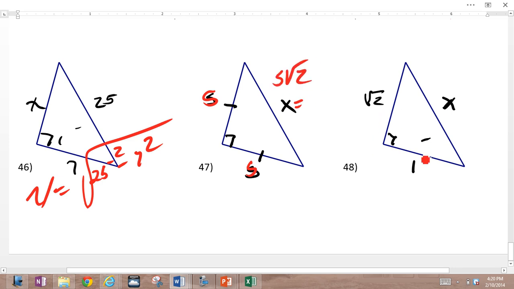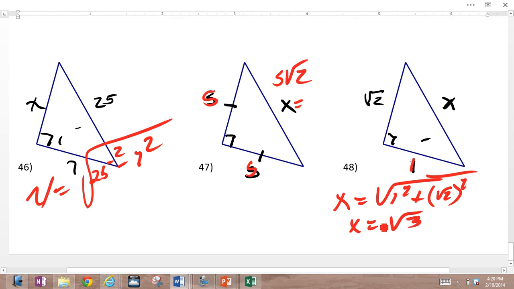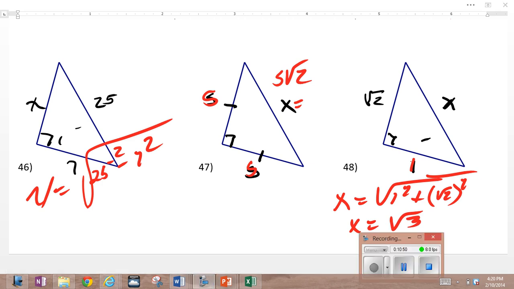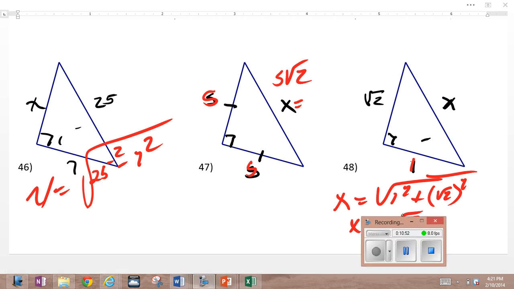This is root 2, okay, and this is 1. So we go through Pythagoras and say x is equal to the square root of 1 squared plus the square root of 2 squared, which is going to be x equal to the square root of 3. So there you have every problem worked out in its entirety inside of 11 minutes, okay? Right, so you can check them now.